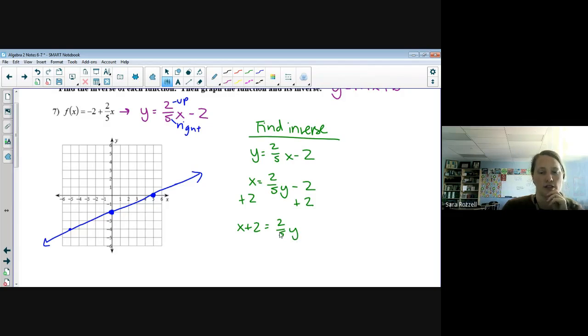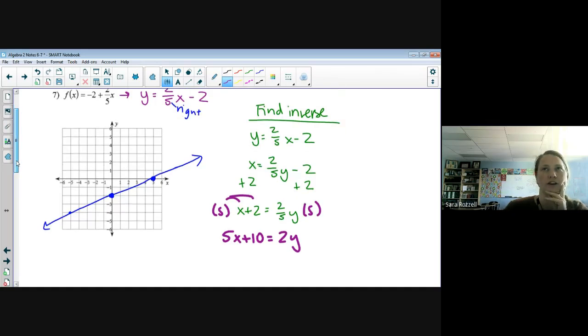I'm going to have you guys do this in 2 steps just because it makes it easier than trying to multiply by a fraction. We have 2 divided by 5. Can we get rid of that divided by 5 first? How do you get rid of divided by 5? Times 5. So I'm going to multiply by 5 on both sides first. Did you know you could do that with a fraction?